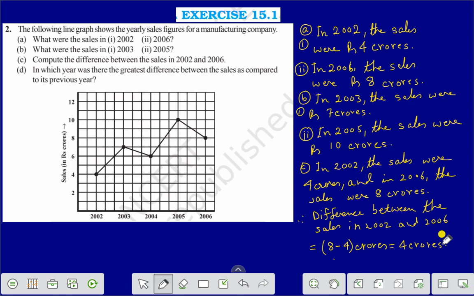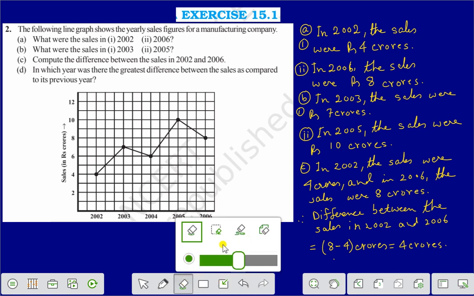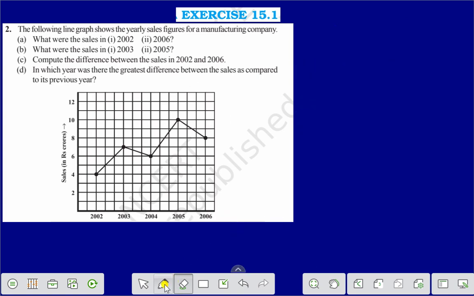Now, we shall compute in which year was the greatest difference between the sales as compared to its previous year. Now we solve question number D. In which year was the greatest difference between the sales as compared to its previous year?